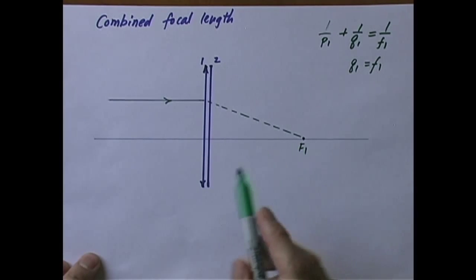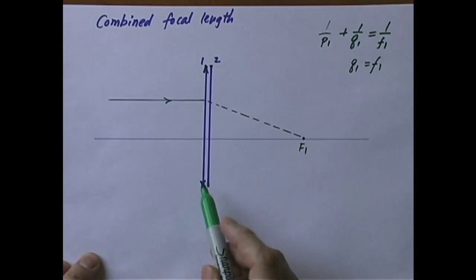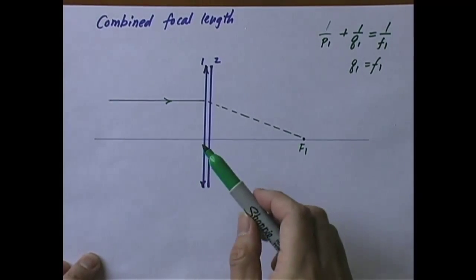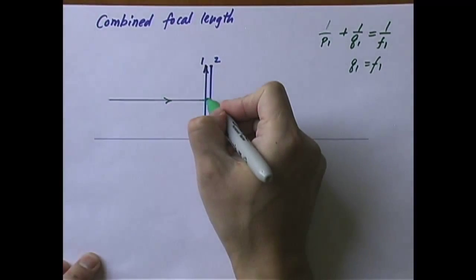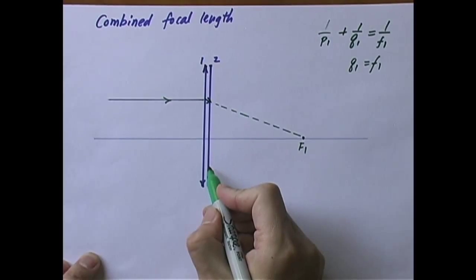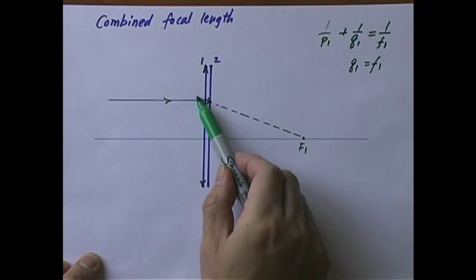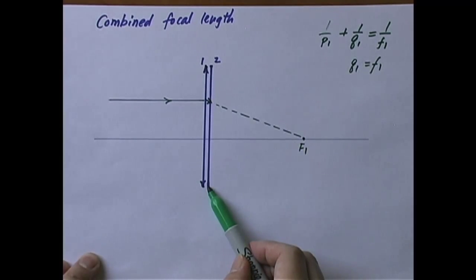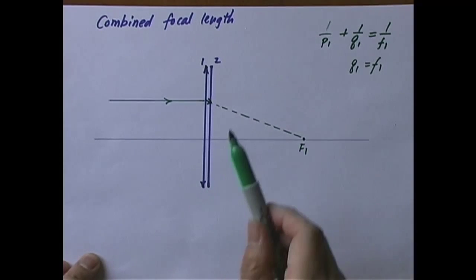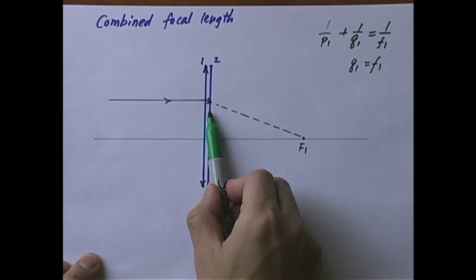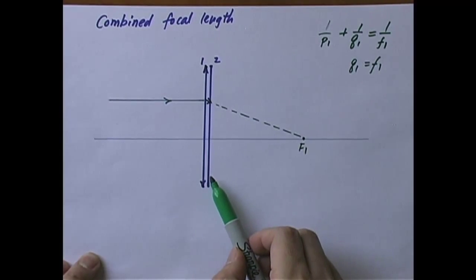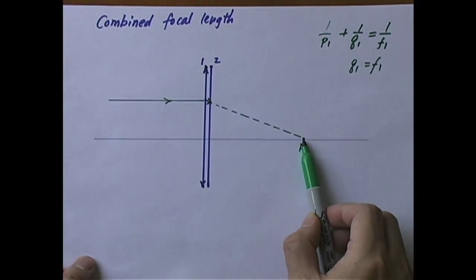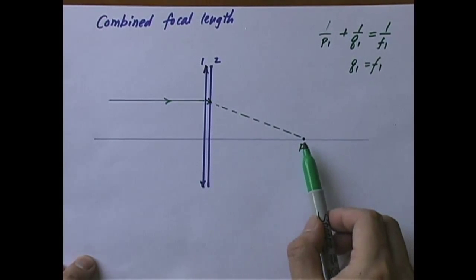Now, look at the second lens. Forget about the first lens now. The first lens, all it did was produce a beam like this, another beam like that, and so forth. But you see, these beams would have converged here without a second lens, but the second lens is in their way, so these beams cannot really focus at that point anymore. That would be a point behind the second lens.